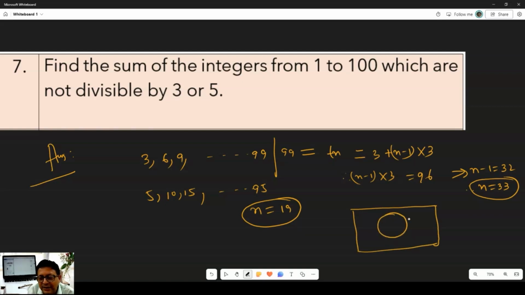This set A, this set B. This set A divisible by 3. This set B is divisible by 5. This part contains divisible by 15, common. But when I am considering separately this manner, 33 terms and 19 terms, then that divisible by 15 is considered twice. You should subtract. So required sum going to be what?